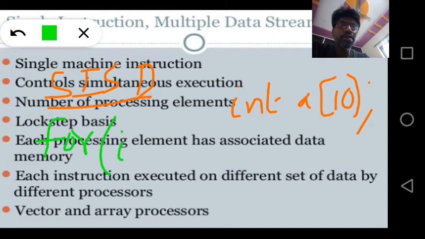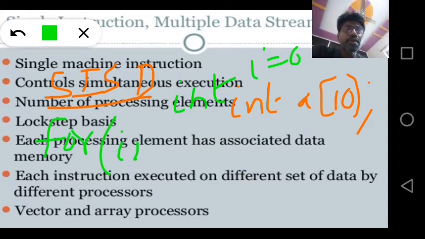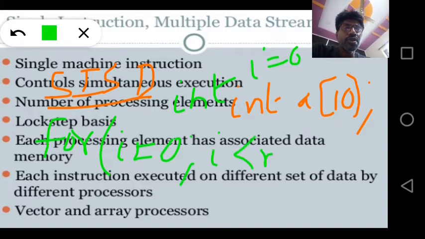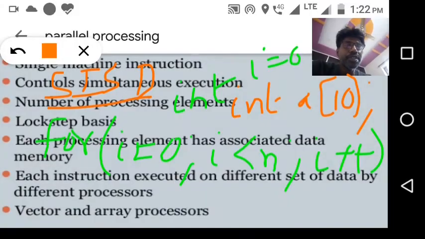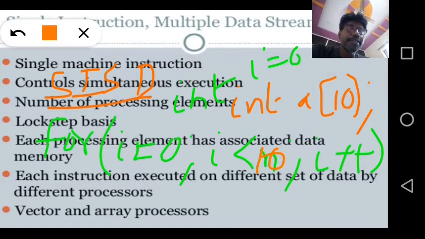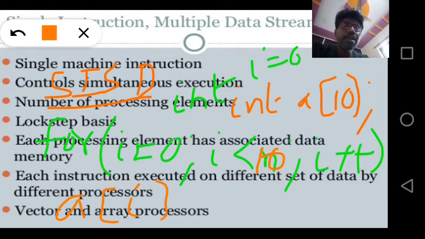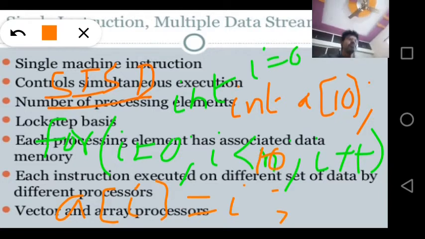Since this is C language, I should declare int i equals 0, i less than n, i plus plus. What is n here? One can easily guess that n is nothing but 10. And assign A of i equals simply i. So here what's happening?